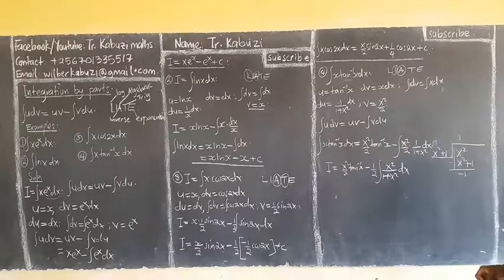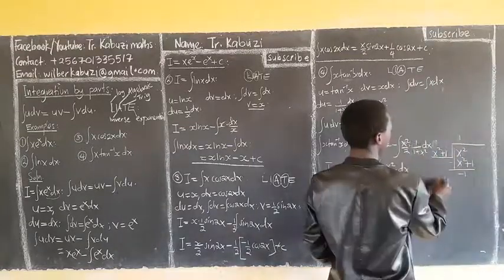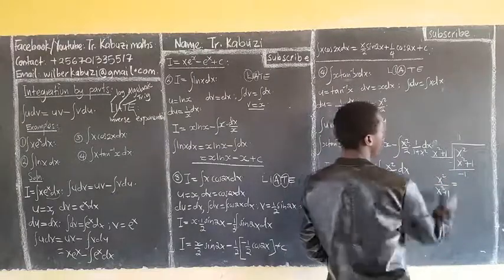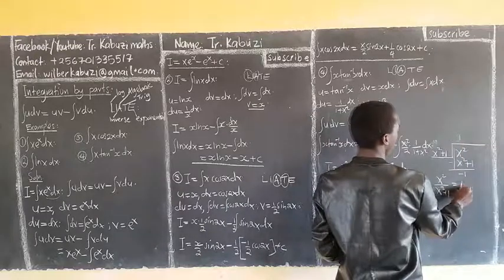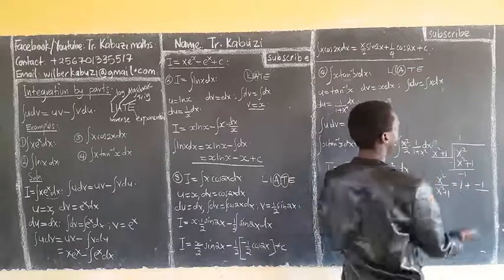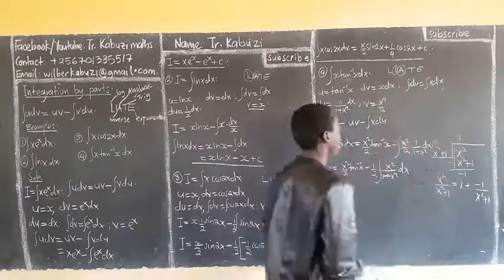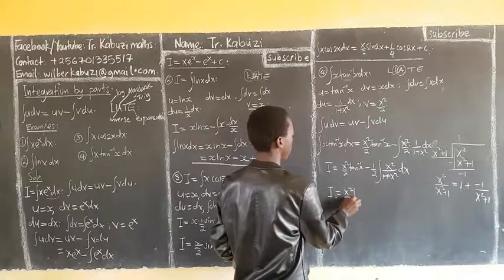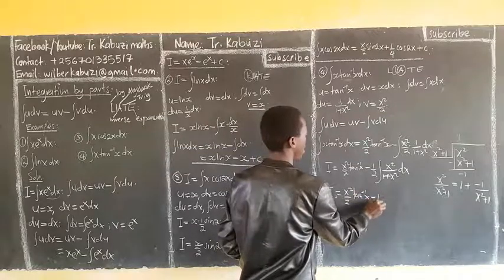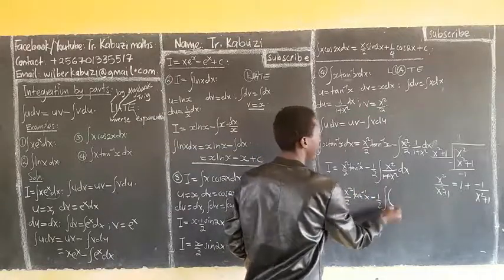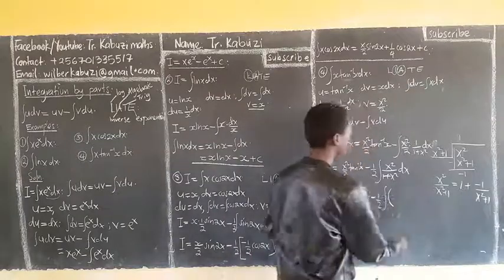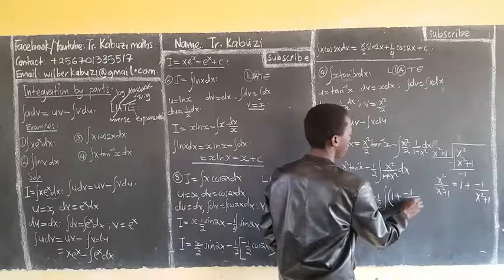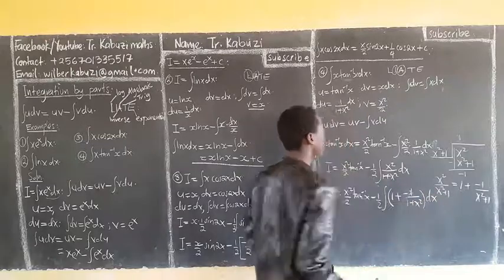We have a negative 1, meaning that the whole of x squared over x squared plus 1 will be the same as 1 plus negative 1 over the divisor x squared plus 1. So now we have my integral as x squared over 2 tan inverse of x, then minus a half into the integral of 1 plus negative 1 over 1 plus x squared dx.